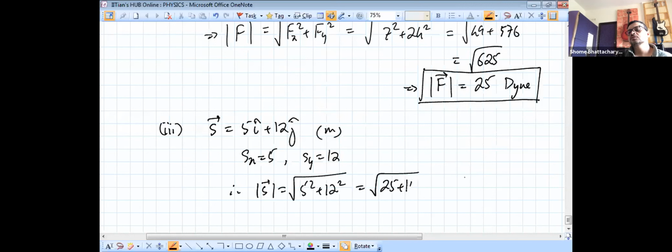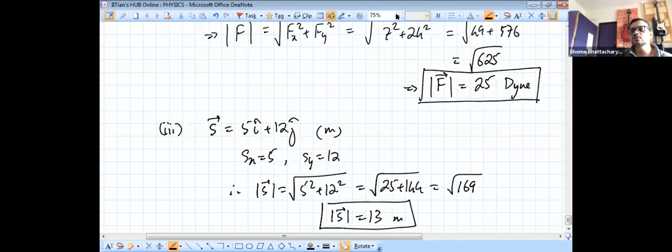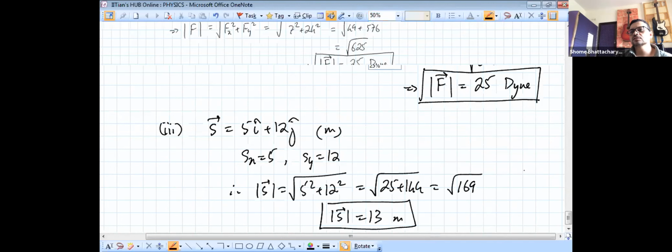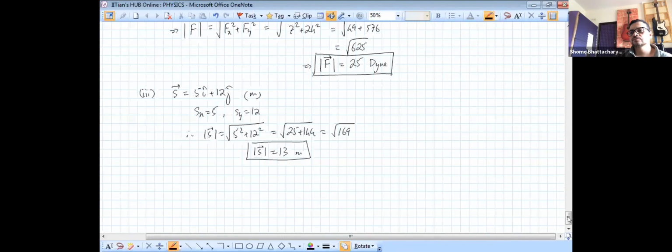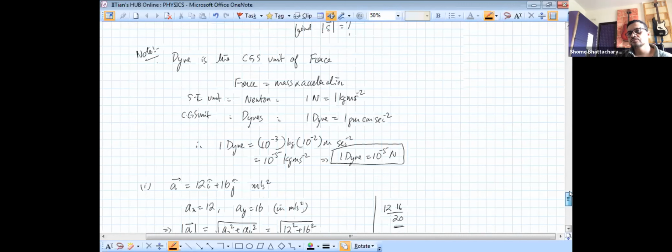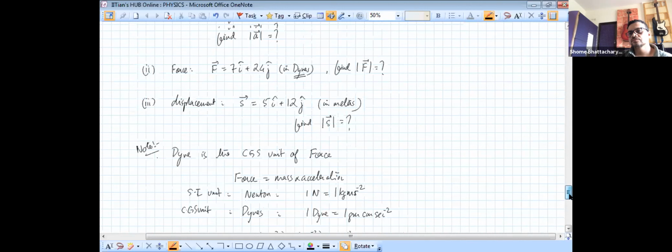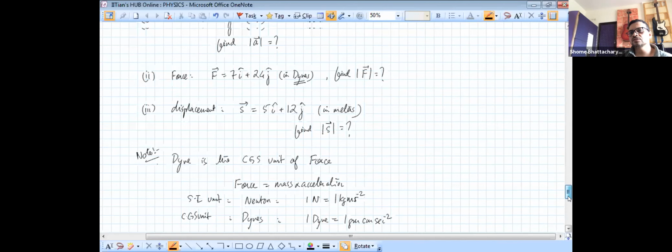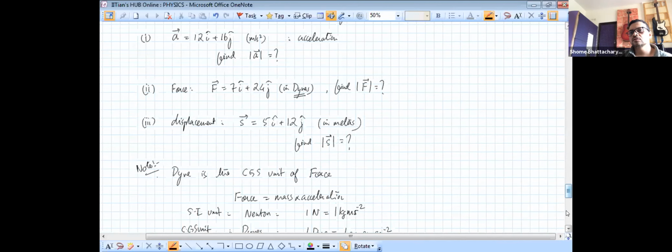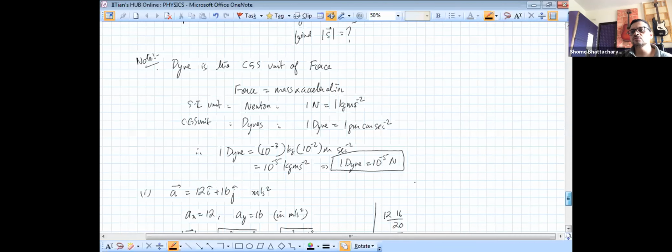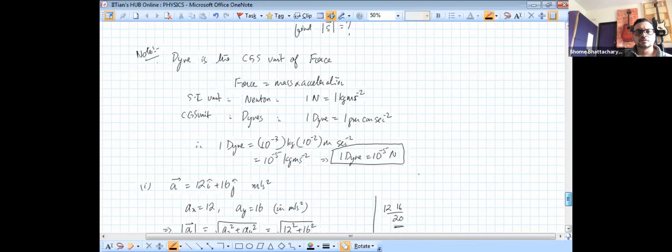So that's square root of 169. So that is 13. So anyway, these are examples of how we calculate the magnitude of a vector given the components. So this is the working for the first two parts.